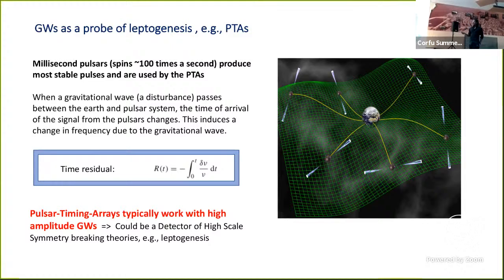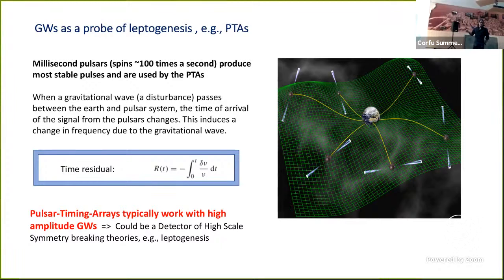And the recent finding of a detector called NANOGrav in the US: they claim to have found evidence for a stochastic common spectrum process across 45 pulsars that could be interpreted as gravitational waves, but there are certain characteristics it has to satisfy. So it's ambiguous right now whether it's a stochastic gravitational wave or not.